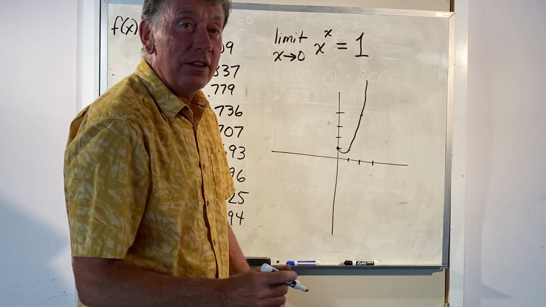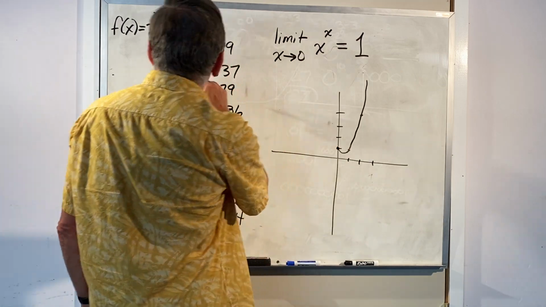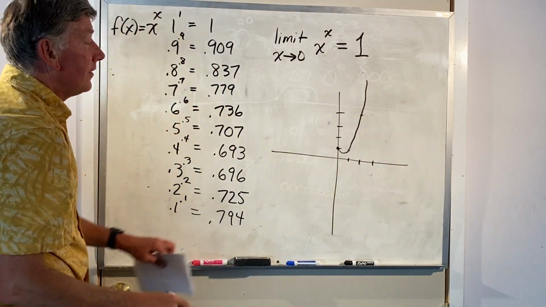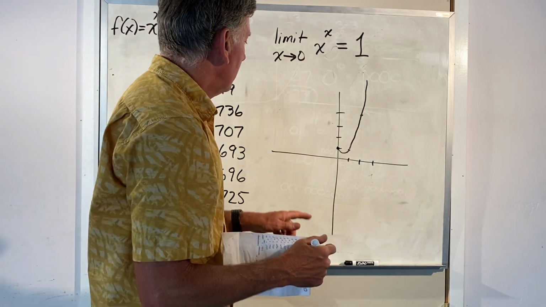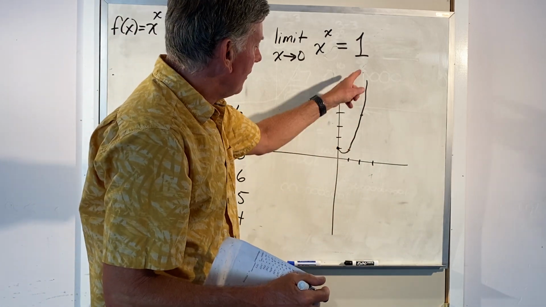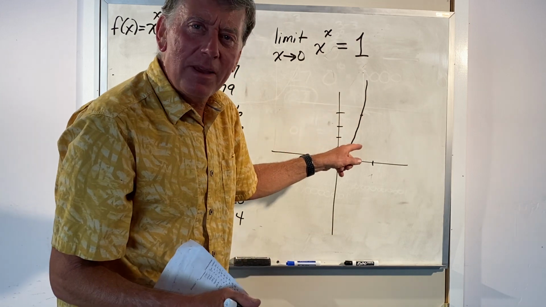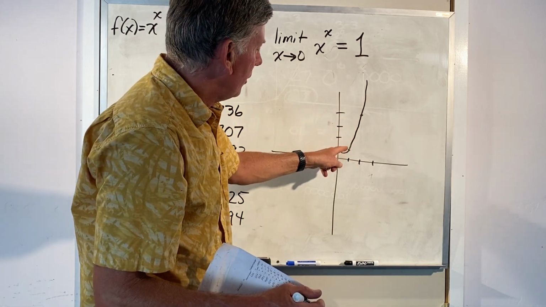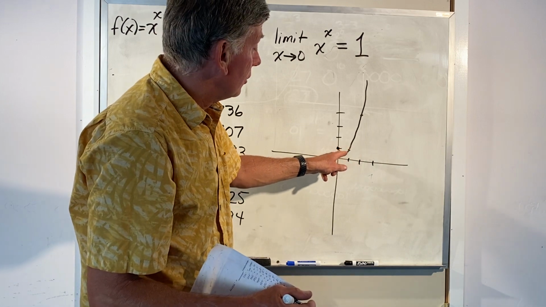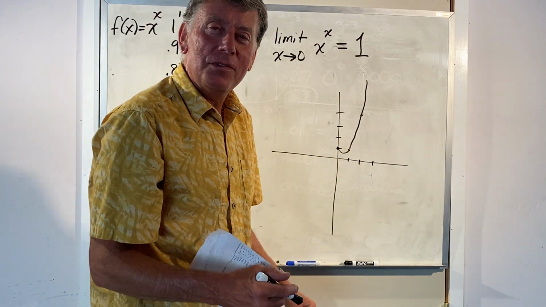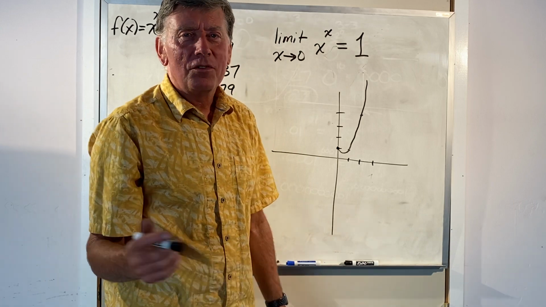You can check this out on Desmos. Just type f of x equals x to the x. And you're going to see this cane-shaped function. It's almost as if the designer of mathematics was saying, well, yeah, we should go here, but oh no, we can't have 0 to the 0 be 0. We need to curve back up and make it 1. Very interesting. Hope you've enjoyed this.